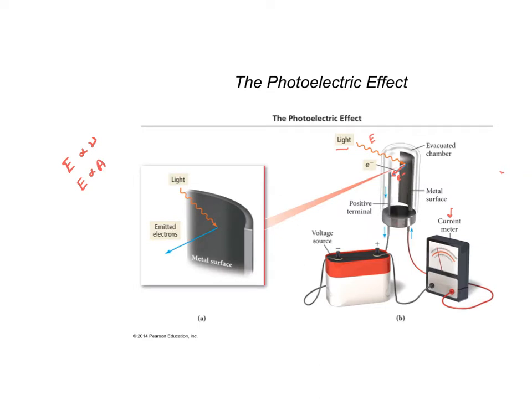Also, if you shine very high frequency light, because frequency also has something to do with energy, you were going to get ejected electrons, you were going to get current. So they thought that if we shine bright light, or very high frequency light, we're going to get current both ways, because the energy of light comes from both the frequency as well as the amplitude.